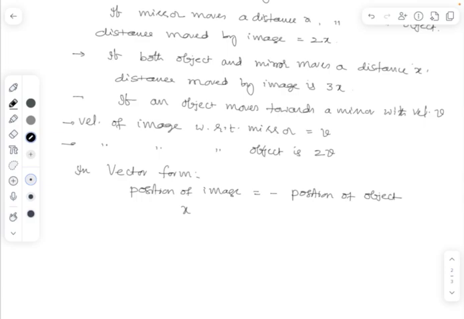X position of image with respect to mirror equal to minus position of object with respect to mirror.